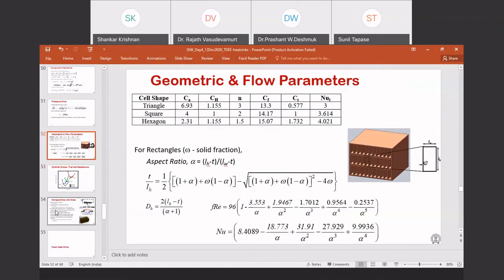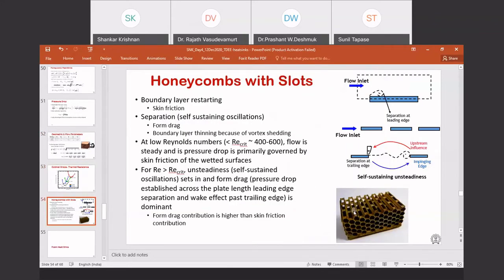So if you create some slots vertically going through into the plane and flow is happening through these hexagonal ducts, then these slots create opportunity to mix fluids that are going on the top, and that's what is shown in the figure here.